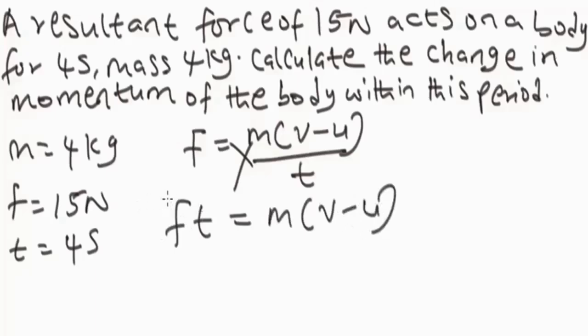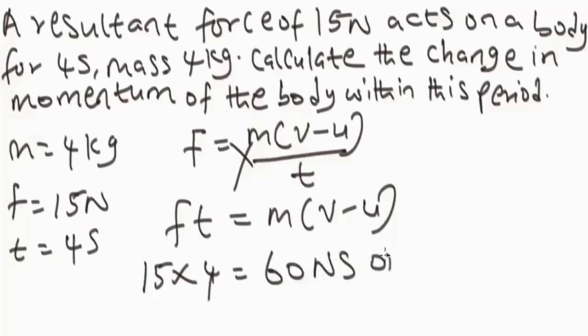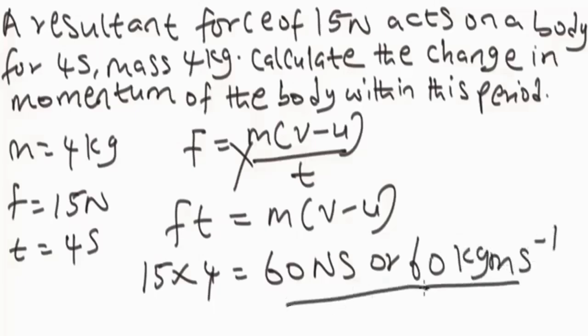From this expression, we can deduce that the change in momentum of this body within this time will be 15 times 4, which is 60 Newton seconds. So this will be the answer to this problem. Either I leave it in this unit or 60 kilogram meter per second. So either of the units will work.